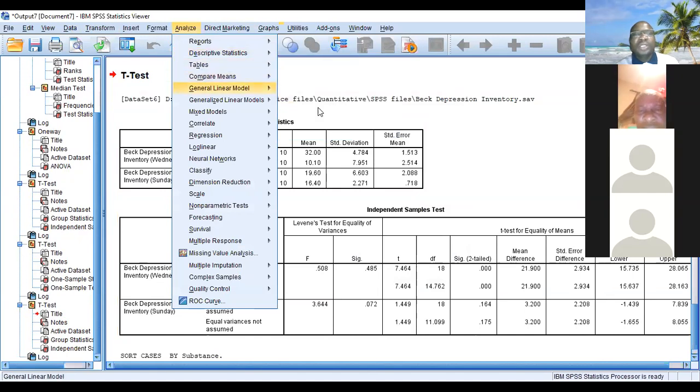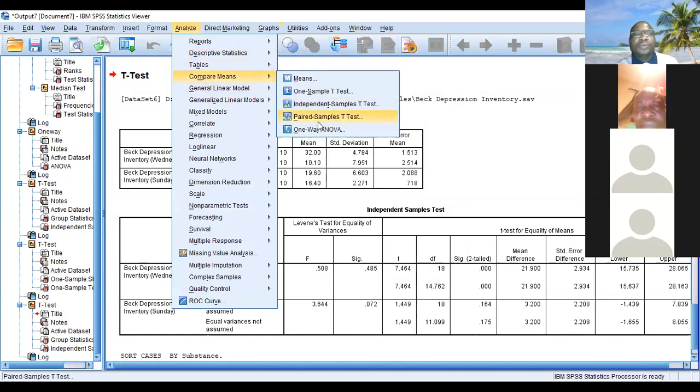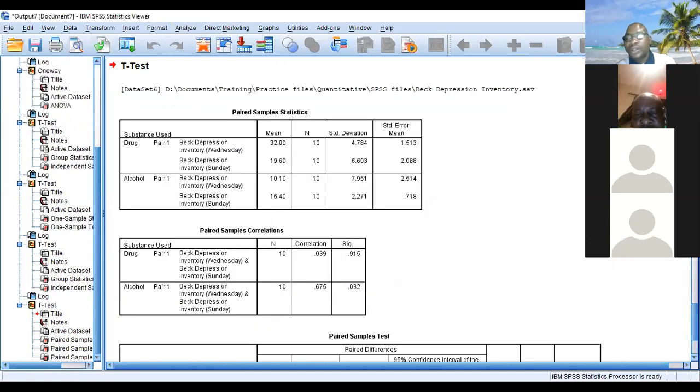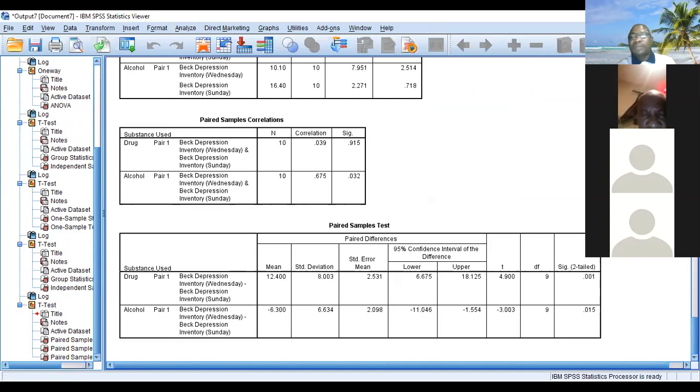Compare means, paired sample T. We now move them. Say okay. You can see the output down.